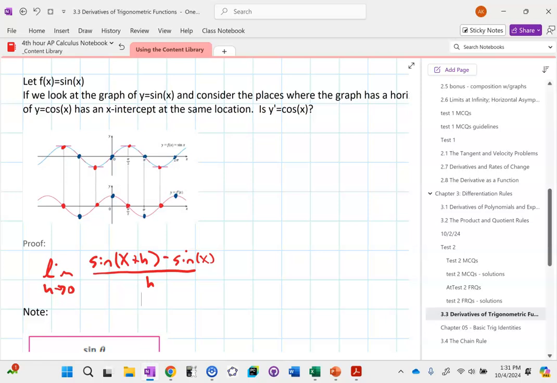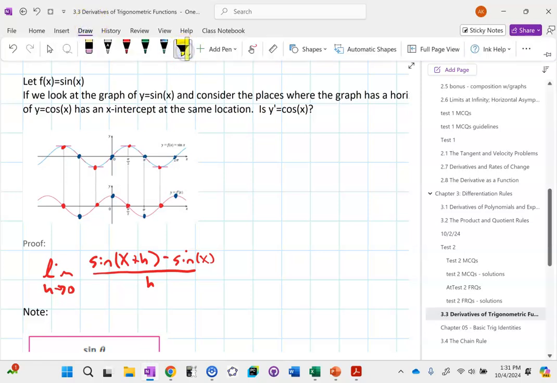And remember my identity that I need to do this. So if I look at that, look that up real quick. I need to use, if I look at this guy, what do you see here? That's an angle sum identity from trigonometry, right? We recognize that there's something I can use to do that. Let me just kind of write it in here.